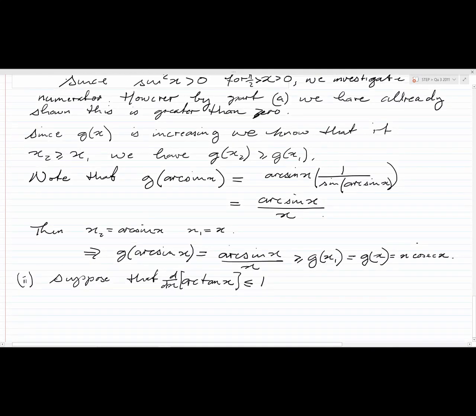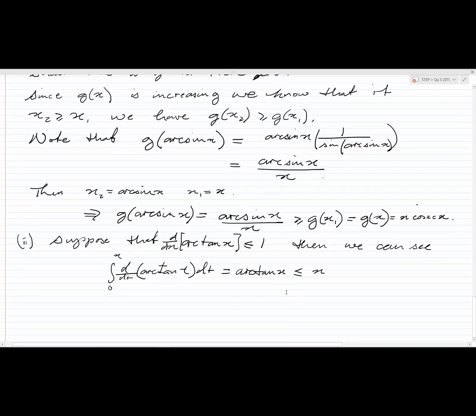So we can see that the integral from 0 to x of d by dt of arctan t dt, which is equal to just arctan x by the fundamental theorem of calculus, is less than or equal to the integral of just 1, which we've already calculated, which is going to be x between 0 and x.